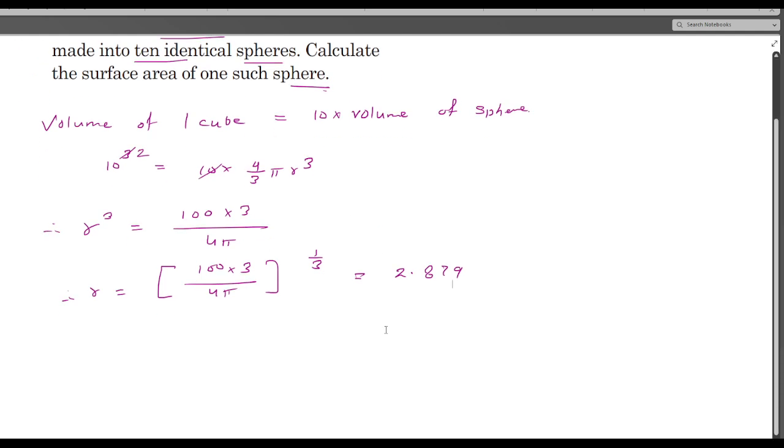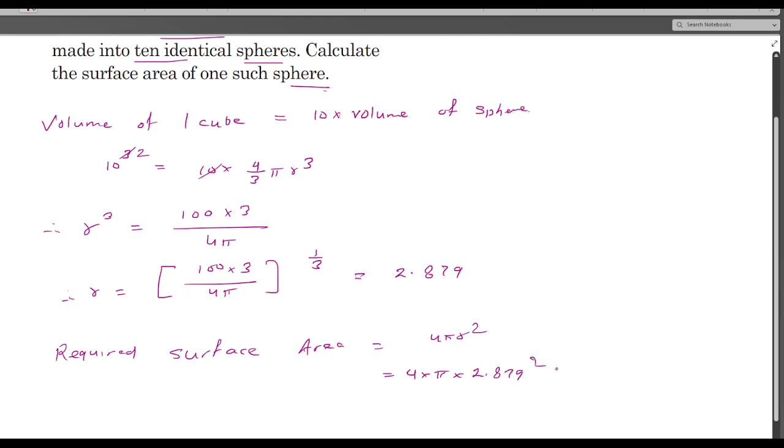So calculate the surface area of one such sphere. The formula for surface area is 4 pi r square. So that is 4 times pi times 2.879 squared.